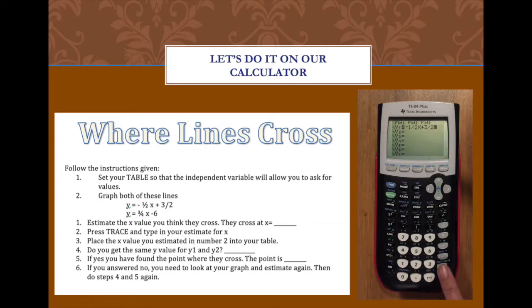Hit enter to get down to the next one. 3 over 4 x. And it's really important now when we do our minus, we have a negative and a minus. This button down here means multiply by a negative. This one means subtract, so we're going to subtract 6. Then we're going to hit the graph button and see what happens.